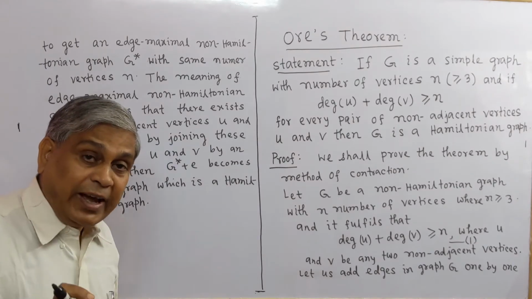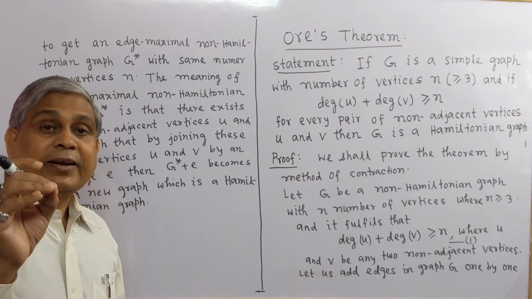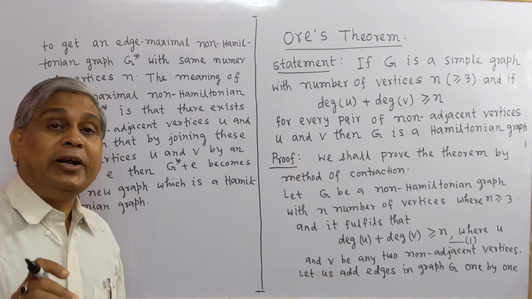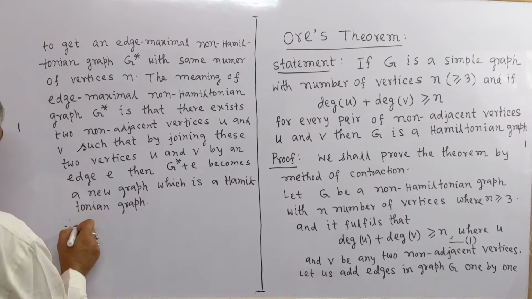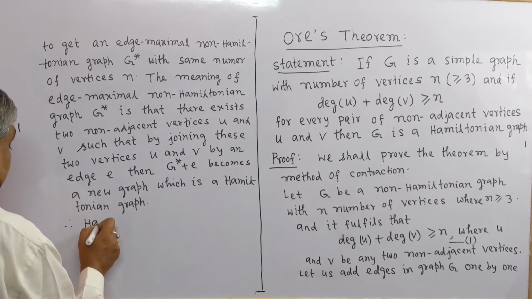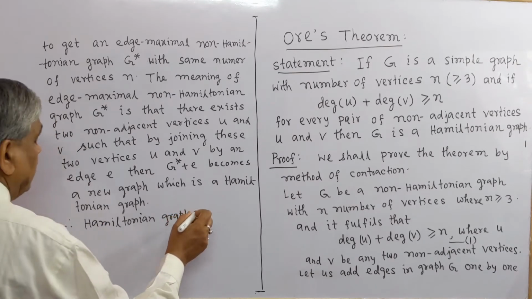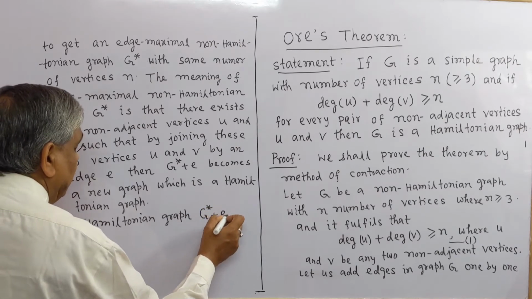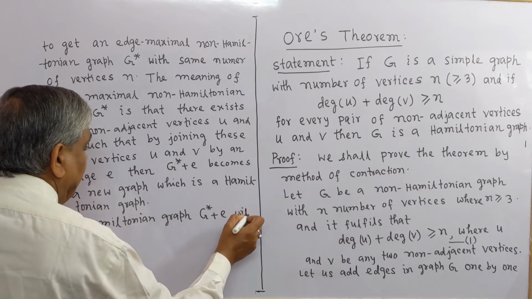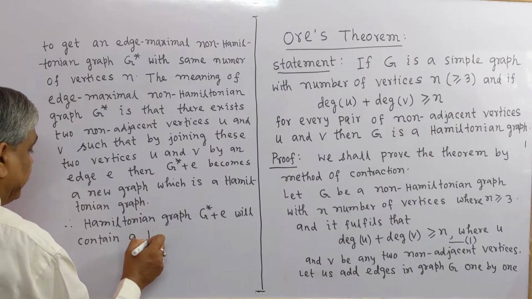Since we know that a Hamiltonian graph contains a Hamiltonian circuit, therefore the Hamiltonian graph G star plus E will contain a Hamiltonian circuit.